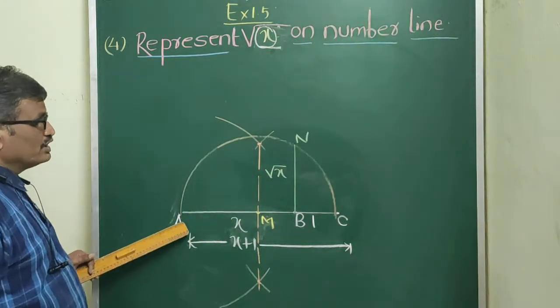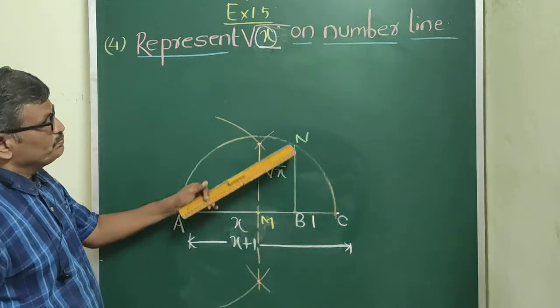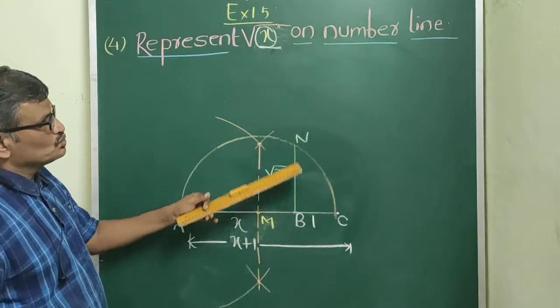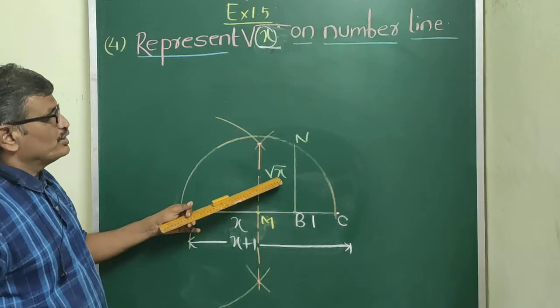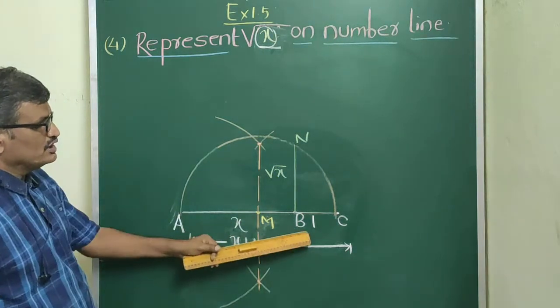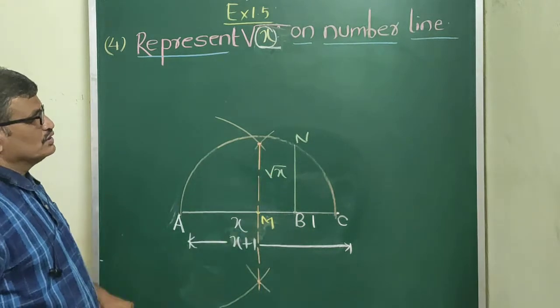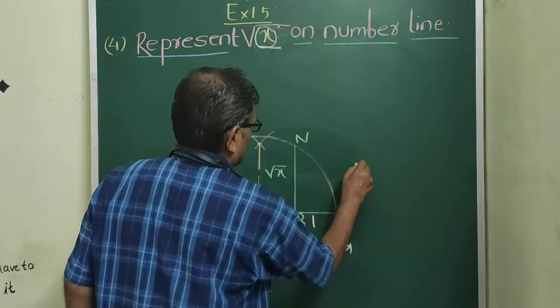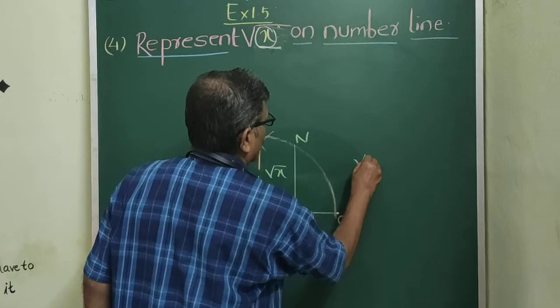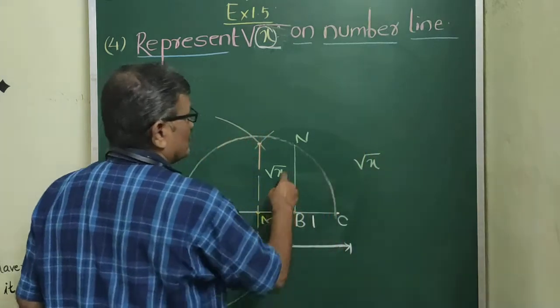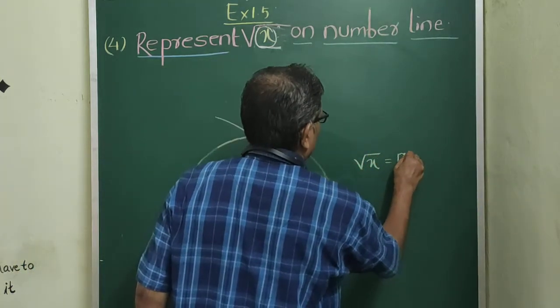Last time we took AB as 9.3, so I told you this length is equal to square root of 9.3. This time I have taken AB as x, so BN is root of x. So my dear children, if you want to find the root of x, it will be equal to the length of BN.